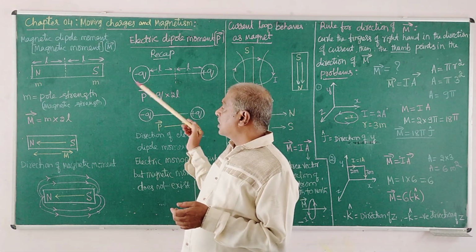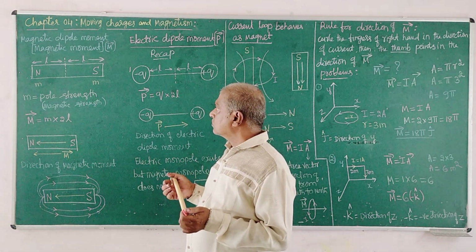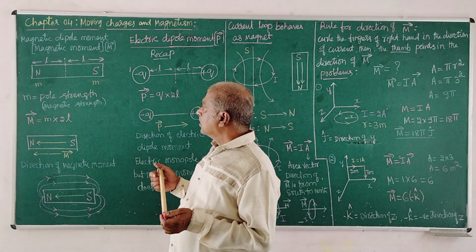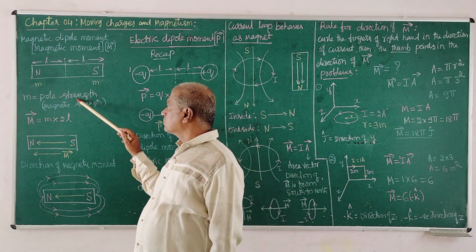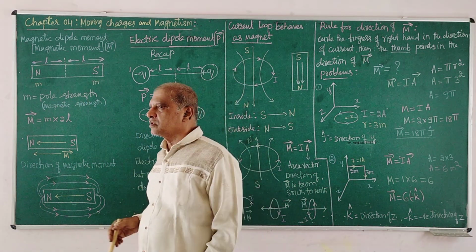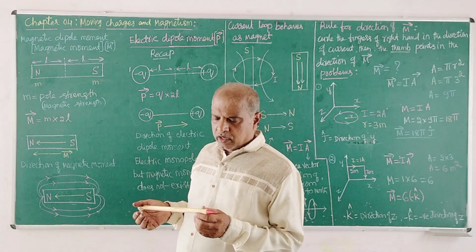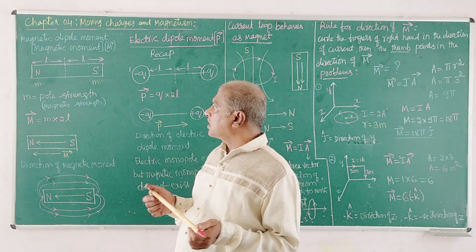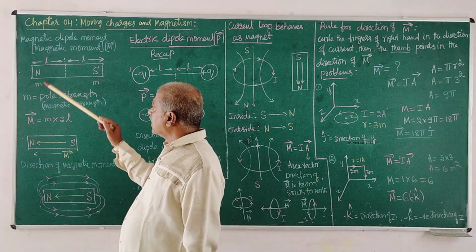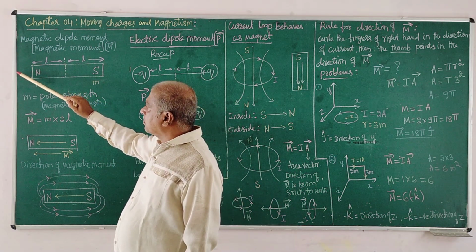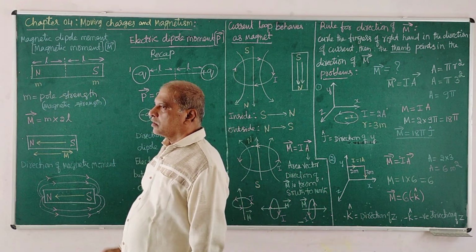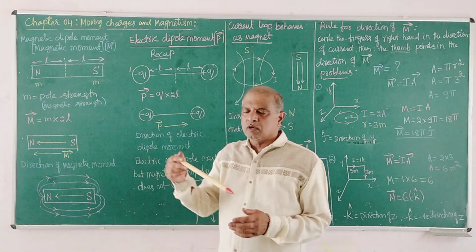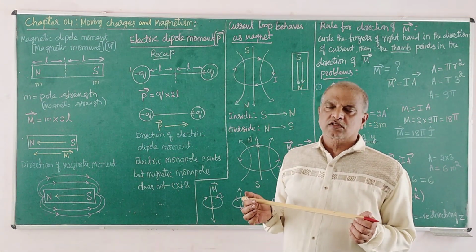It is not like the charge. What is meant by the pole strength? The pole strength is the magnetic force acted on another magnetic material, which may be a force of attraction or a force of repulsion.